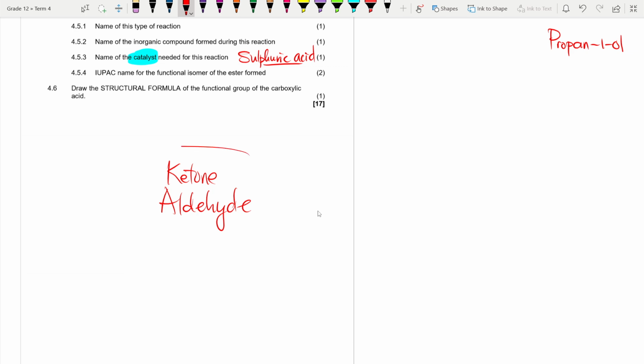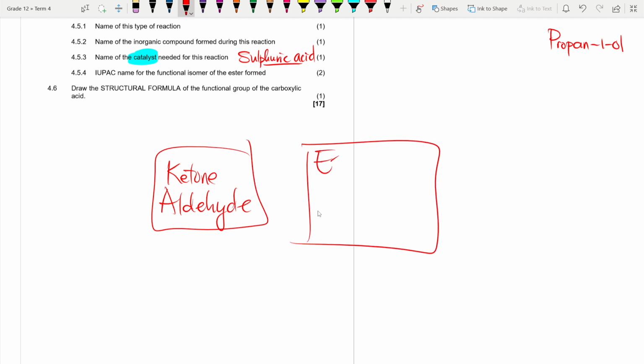Ketone and aldehyde are friends. Another friends that we have is an ester and a carboxylic acid. I call this isomer friends. Functional isomer friends, to be specific.